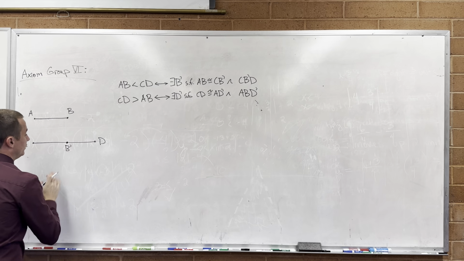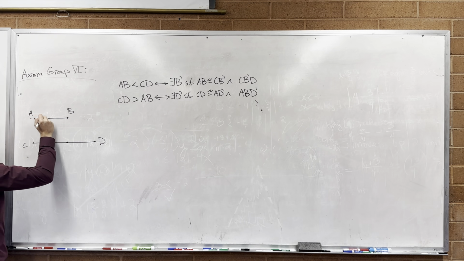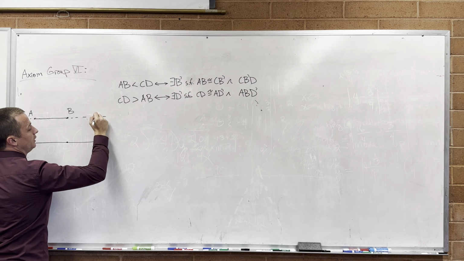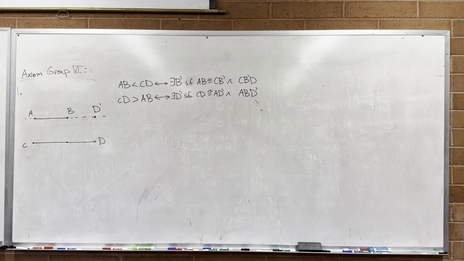So for that picture, instead of our prime point being here, you need to extend this one on a line. You mark D prime here, and here would be the picture for CD is greater than AB. Now it turns out those are logically equivalent, and we proved that. But those are each of their individual definitions, and they're very different definitions that turn out to give the same thing.